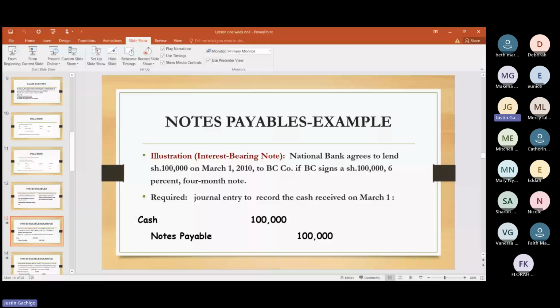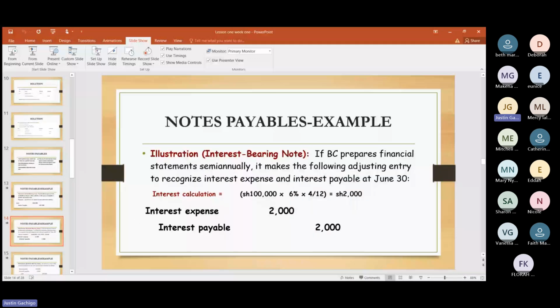The amount that was given was 100,000. The interest is 6% per annum, but it's a 4-month note. So you prorate the interest from 12 months to 4 months. The interest payable within 4 months is 2,000.